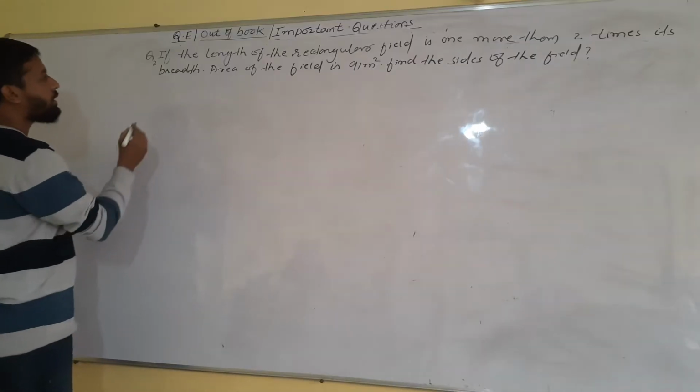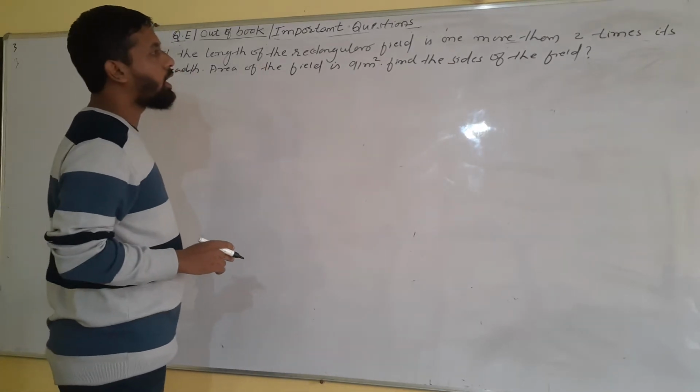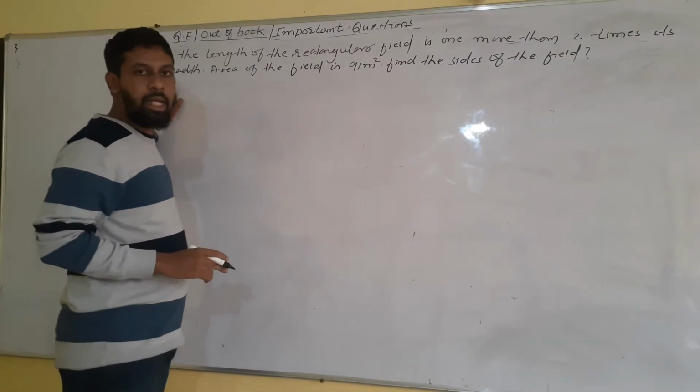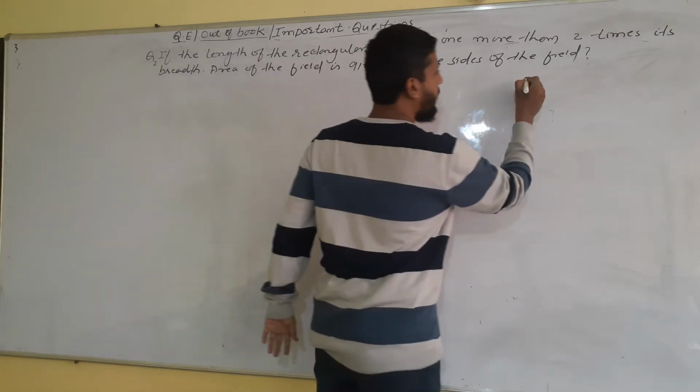Now let's start. Question is, if the length of the rectangular field is 1 more than 2 times its breadth. So we'll consider breadth as x, then we'll write what will be the length.